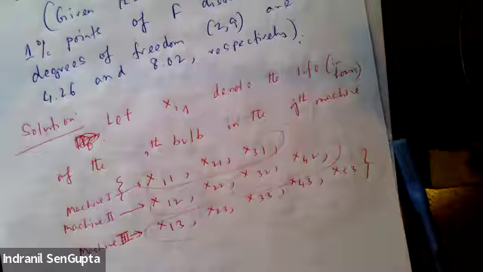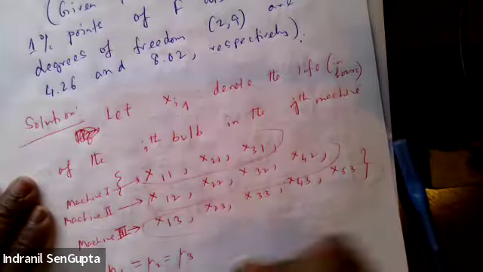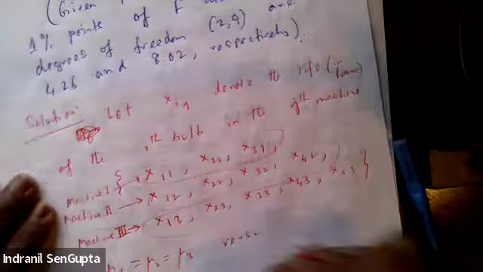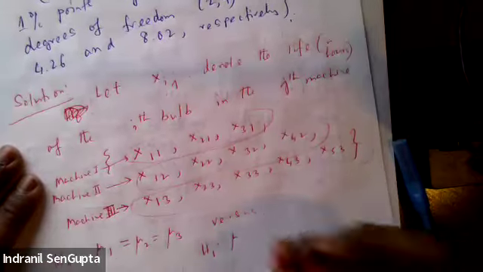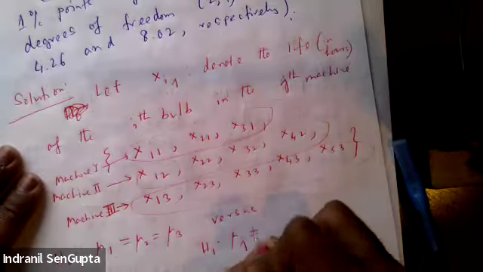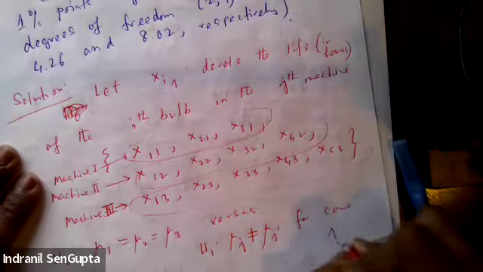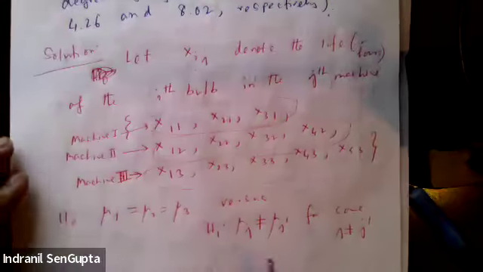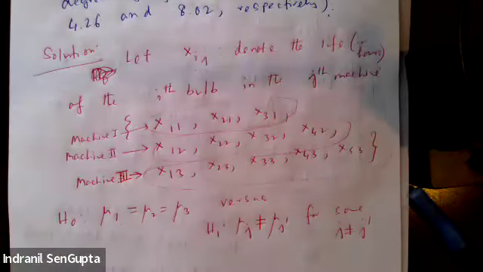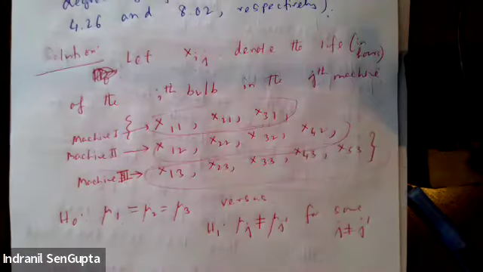I can write this as mu1 equals mu2 equals mu3, versus H1: mu j is not equal to mu j prime for some j not equal to j prime, meaning there are two machines with different average lifetimes. That's the hypothesis we are trying to test with ANOVA.